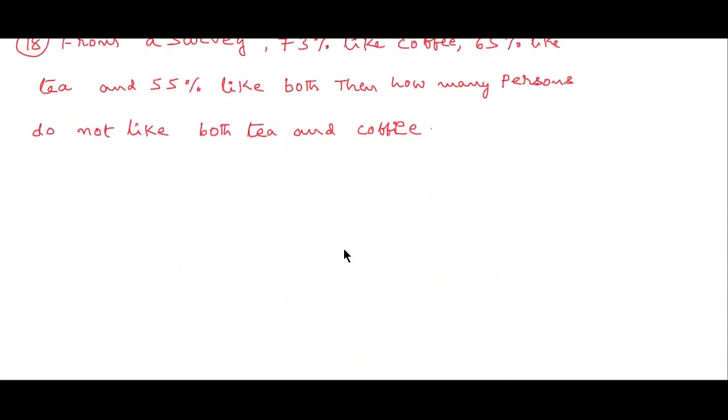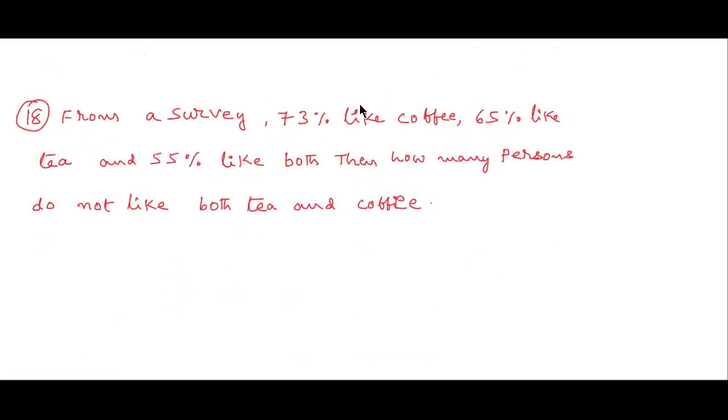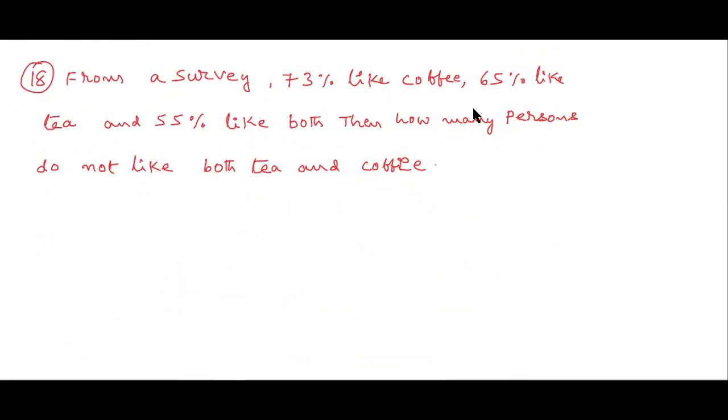See here, from a survey, 73% like coffee, 65% like tea, and 55% like both. Then how many persons do not like both tea and coffee? Here, this is one, this is another one, this is total.